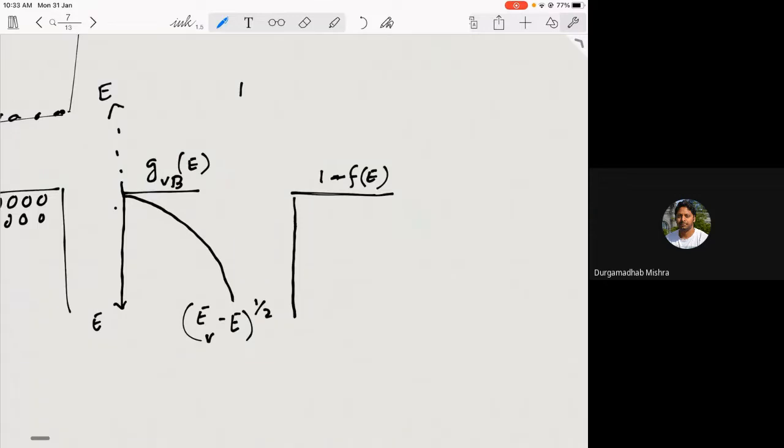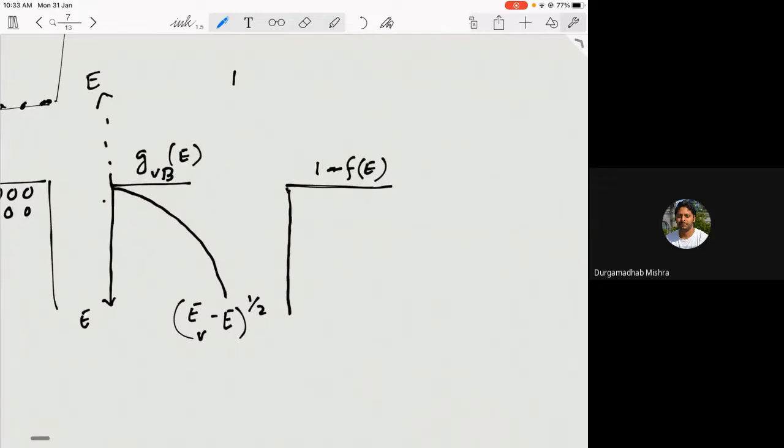So if I know the probability distribution of electrons and I take 1 minus f(E), I will know the probability distribution for holes. So instead of plotting f(E), we plot 1 minus f(E), which is the probability distribution for holes.